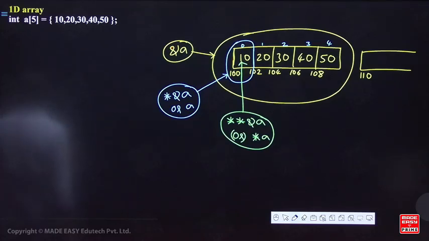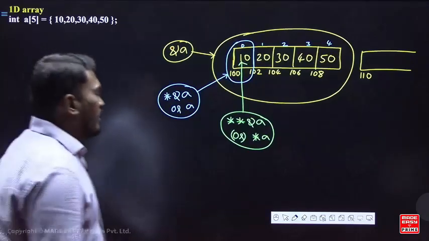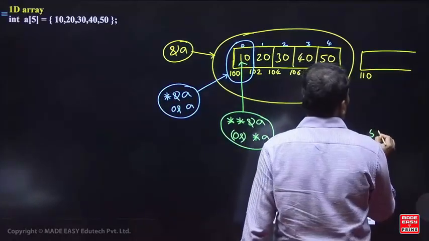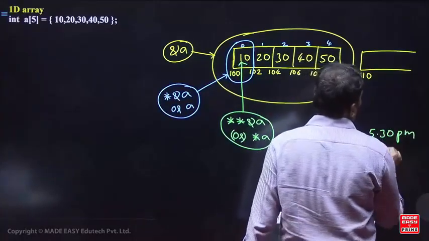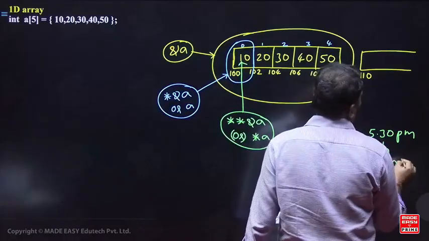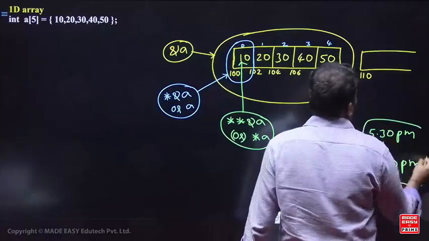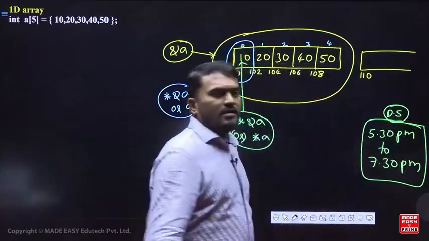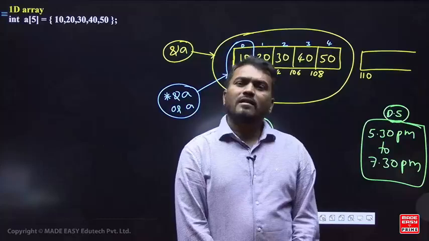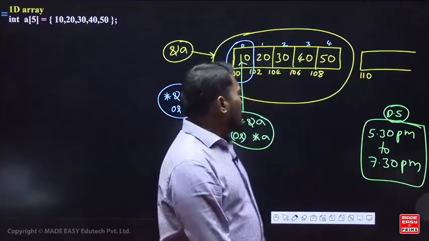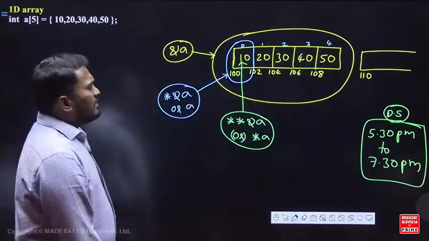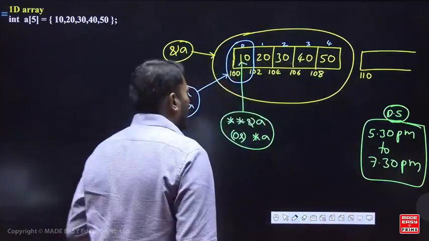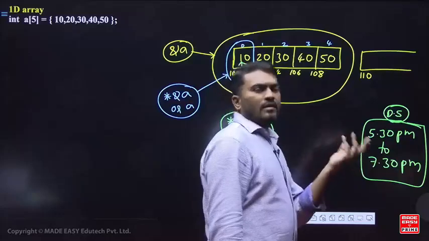Tomorrow timings will be 5:30 to 7:30 p.m. for our data structure class. Actually tomorrow we are having a meeting, an official meeting with all the teachers, so we are having only 2 hours of class. Maybe I may stop before 7:30 also.